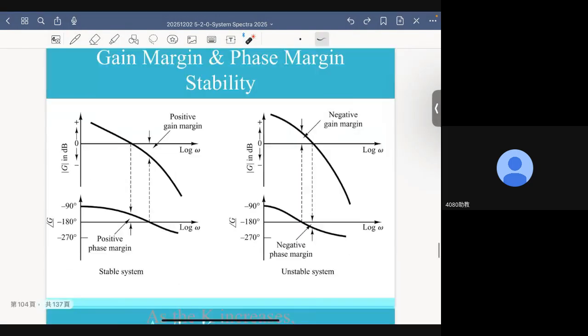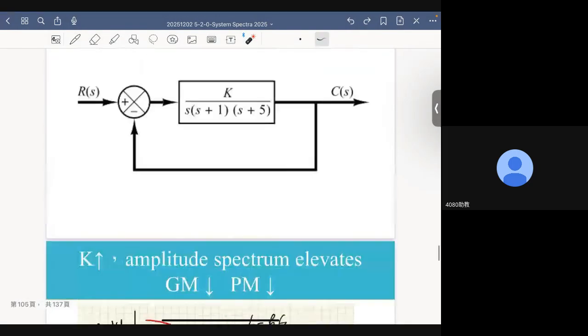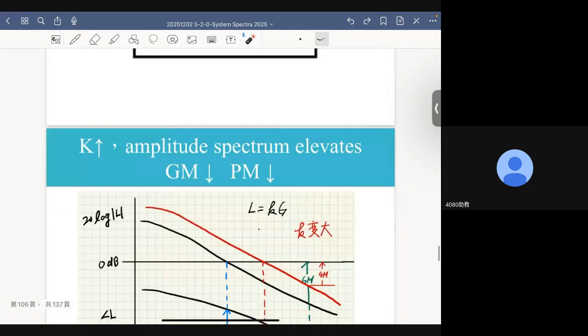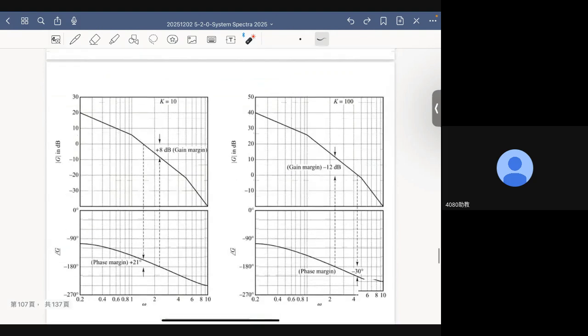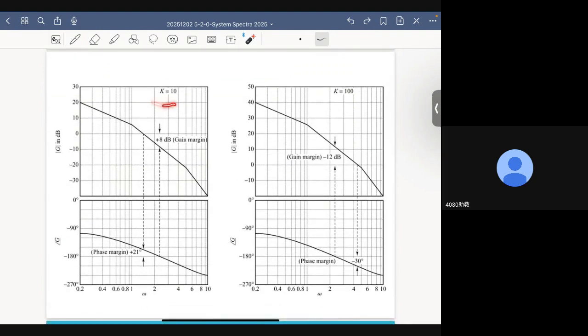Now let's look at another example. This is the example that we are considering now. Again, here is a K whose value is left to be determined. Initially, let's say K is equal to 10. Then the gain margin is 8 dB, and the phase margin is 21 degrees.